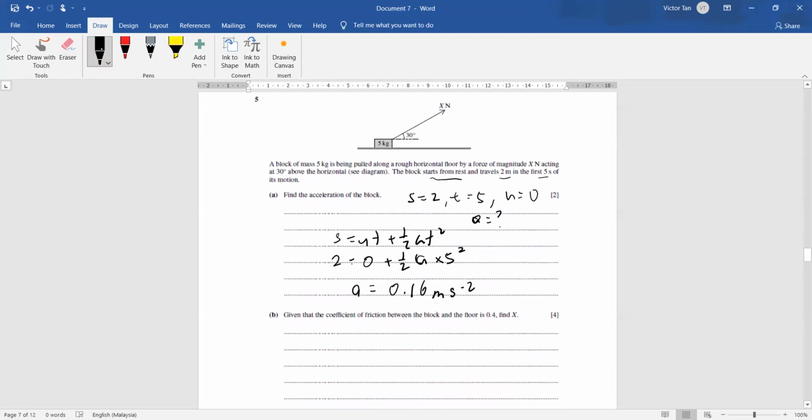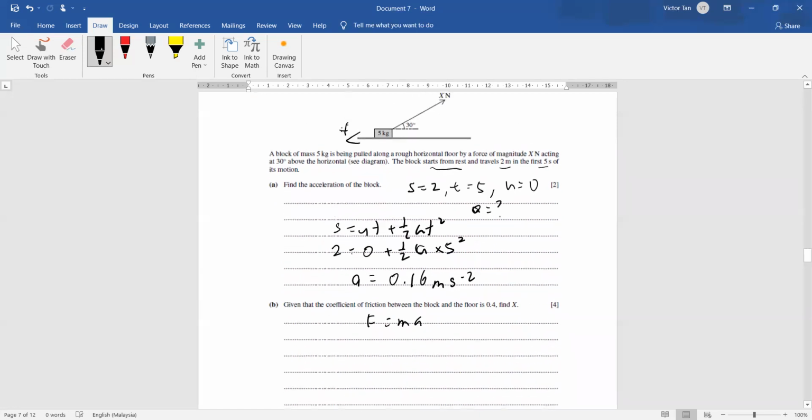Given that the coefficient of friction between the block and the floor is 0.5, so there is a friction here. Find X. So again, the resultant force is ma. F equals ma. Resolving horizontally, you get X. Okay, we're going to find R. R is the contact force, which will be equal to the weight.